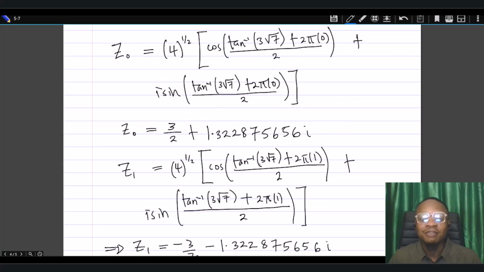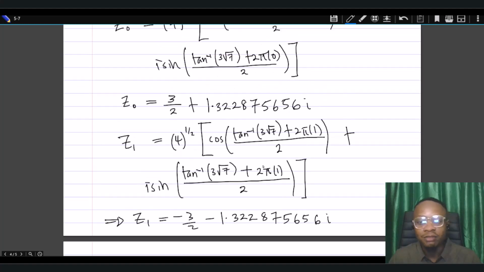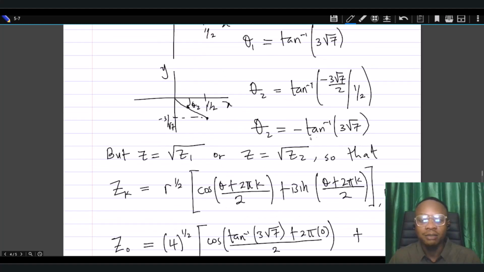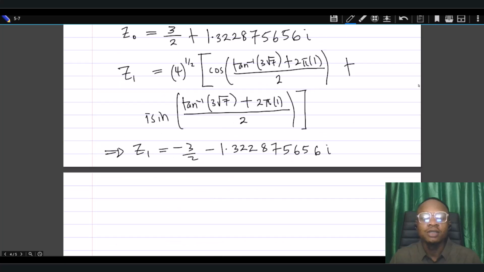So the only difference now for the next ones is to use negative of tan inverse of 3 root 7 instead of using tan inverse of 3 root 7, because that's precisely what the argument of this is. Okay, so let's go right into it.